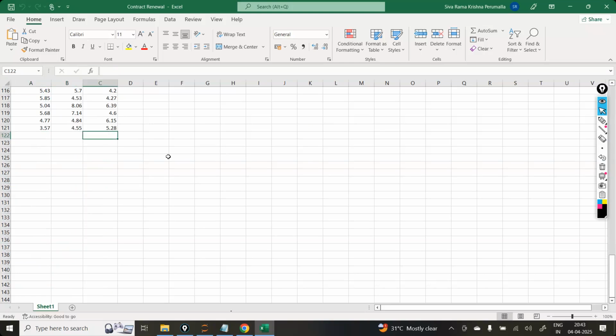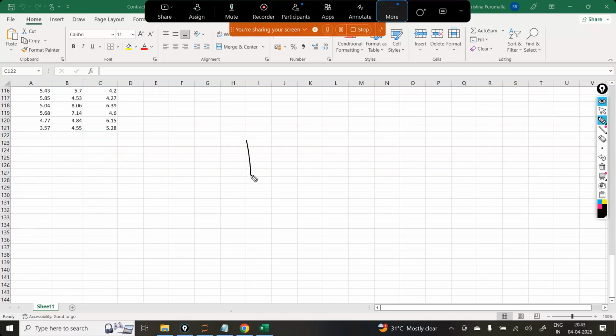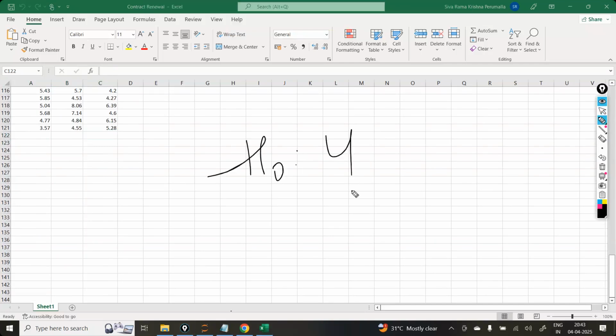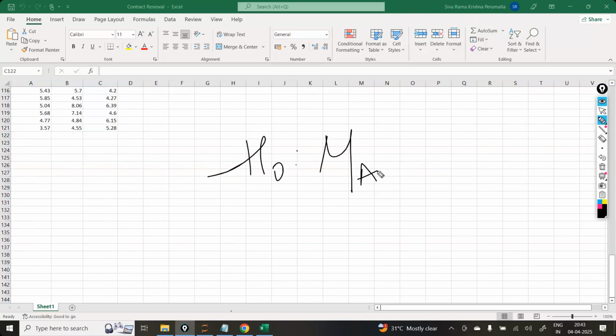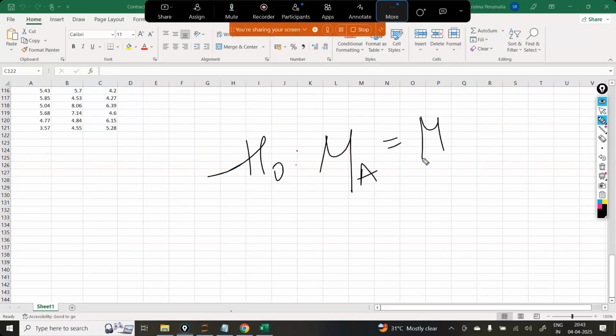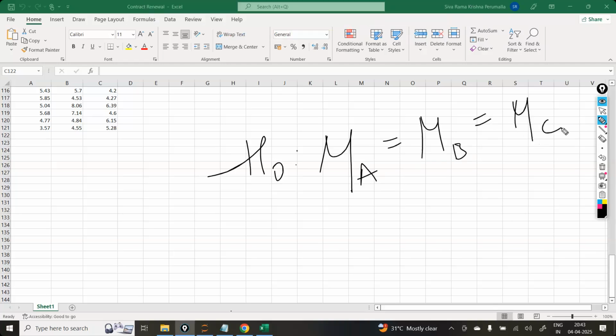So, 3 contracts are there. I'm going to give the null hypothesis. The null hypothesis says that the average contract time by supplier A, the average time by supplier B, the average time by supplier C, all 3 are the same. No difference in the transaction time.